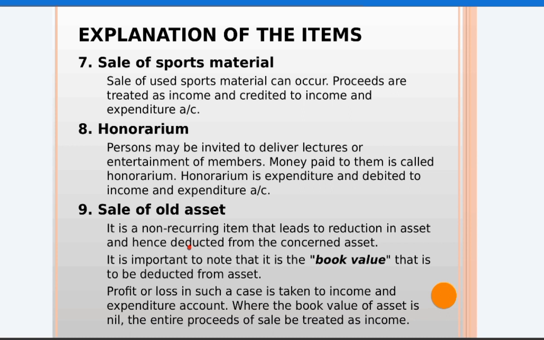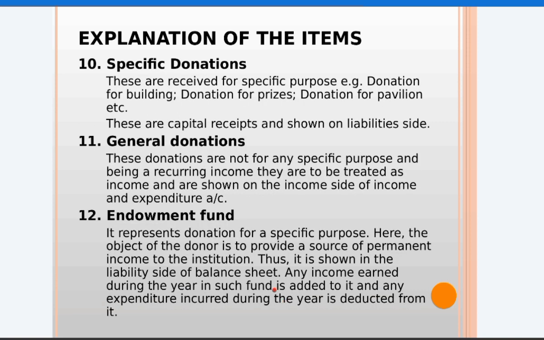You make a profit if the sale proceeds are more than the net book value, and if the net book value is more than the sale proceeds, then the difference is a loss. So that is how you treat the sale of an old item.